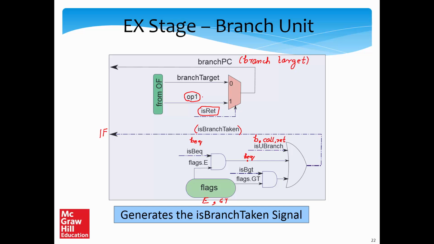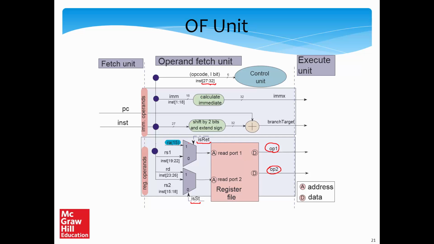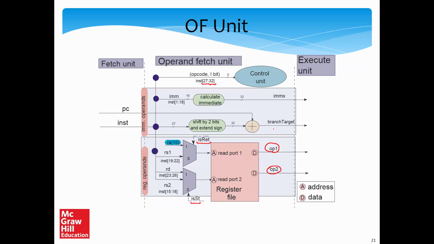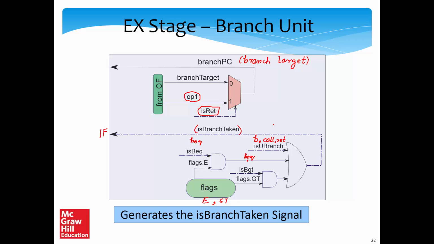If it's a return instruction, then OP1 is the contents of the return address register, which is essentially the return address. So if it's a return instruction, we use the return address as the target. Otherwise, we use the branch target, which comes from the previous stage, the OF stage. We use the branch target, which is the PC plus the offset, as the branch PC or as the branch target.